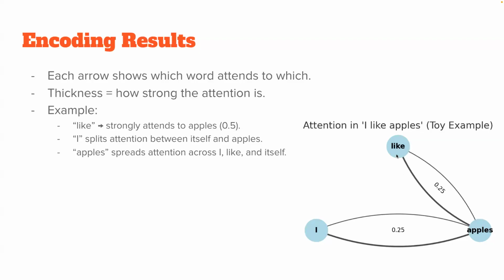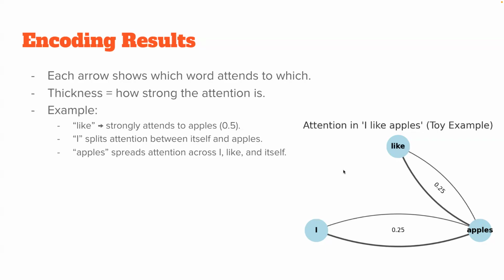This is the kind of attention graph. You can see I is connected with the apple, and apple is also connected back, and you can give a weight to each connection. If it's a very complicated sentence with a lot of words, then you can give different weights. But that's a deeper algorithm; we just want to show you the results.